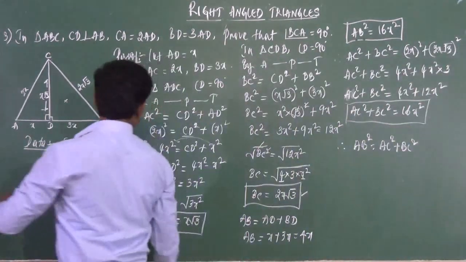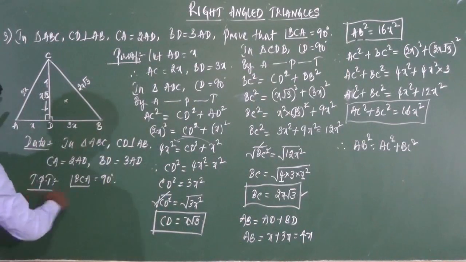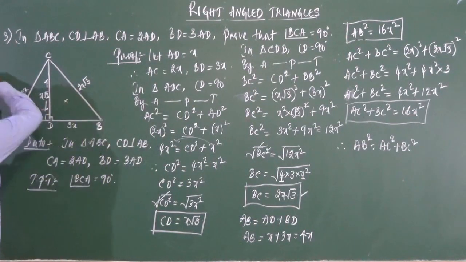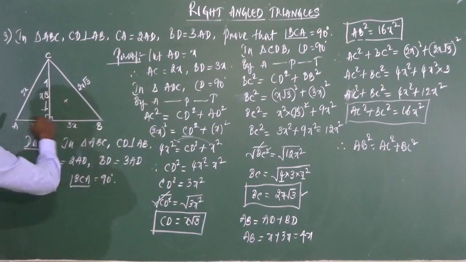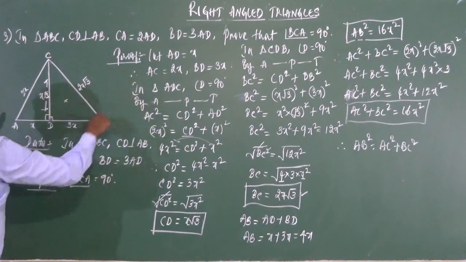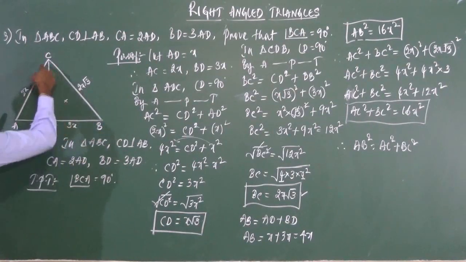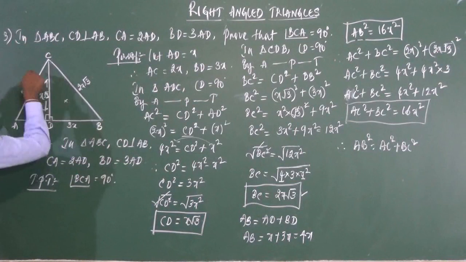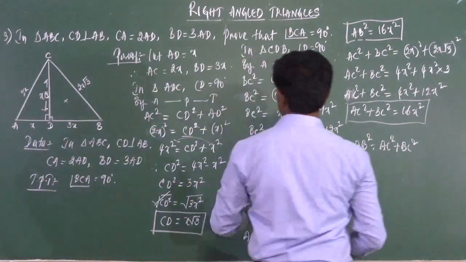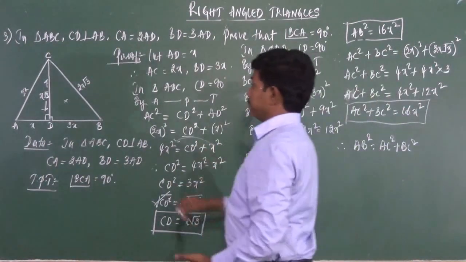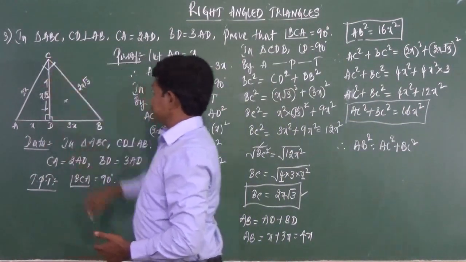The square on AB is equal to the square on AC plus the square on BC. So AB becomes the hypotenuse, and those two remaining sides, AC and BC, should contain the right angle.